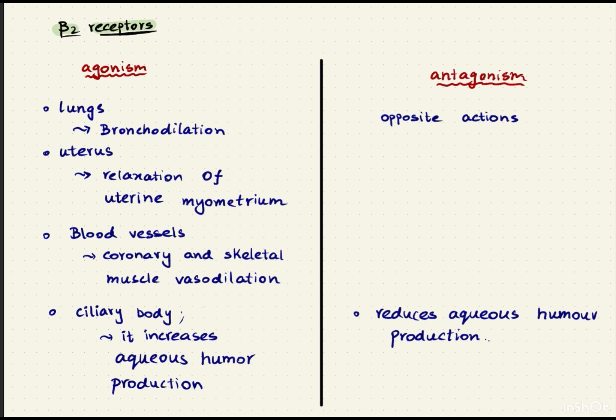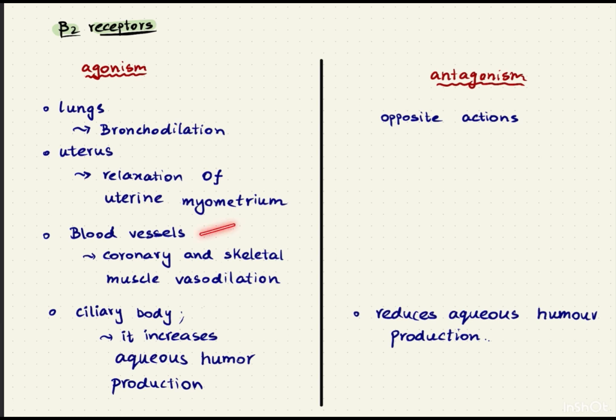So, what is the action of beta 2 agonism in the lungs? Stimulation of the beta 2 receptors, which are present in the smooth muscles lining the airways of the lungs, produces bronchodilation. And stimulation of beta 2 receptors present in the uterine myometrium causes relaxation of the uterine smooth muscles.